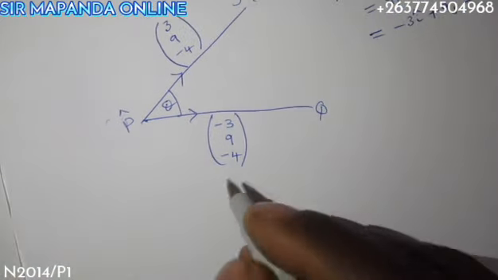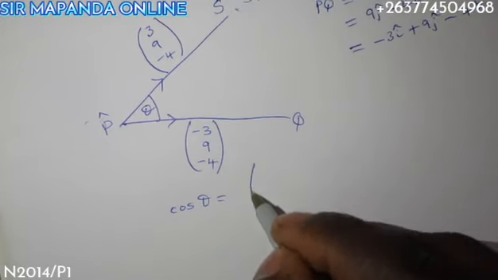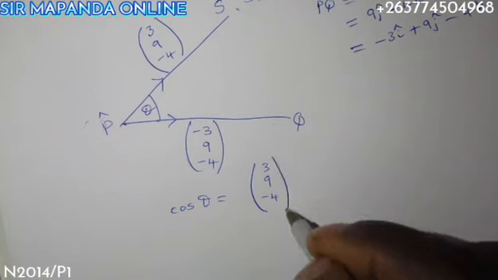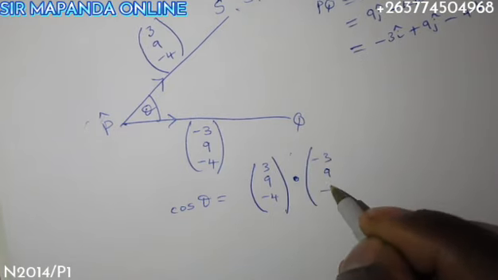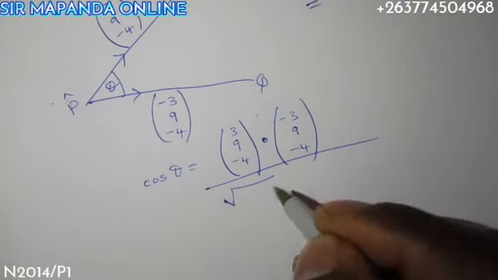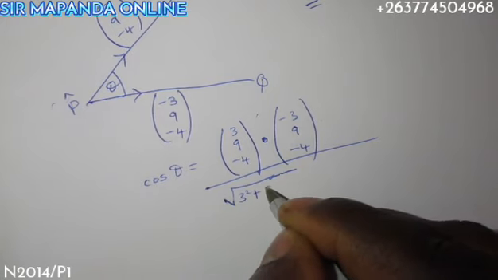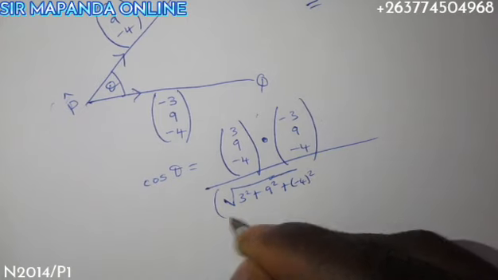Right. Then you write cos theta is equal to the dot product of 3, 9, minus 4 and minus 3, 9, and minus 4 divided by their modulus. So this is the square root of 3 squared plus 9 squared plus minus 4 squared.